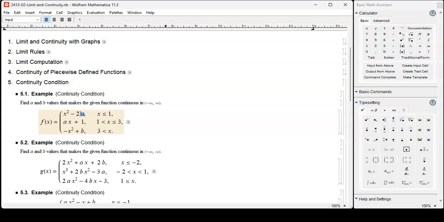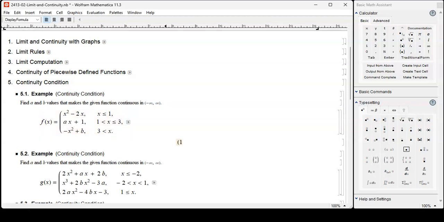So plug in x equals 1 here, we get the left-hand side limit. Plug in 1 to the second line, I'm going to get the right-hand side limit. 1 squared minus 2 times 1 is equal to 8 times 1 plus 1. And that's going to give you an equation.